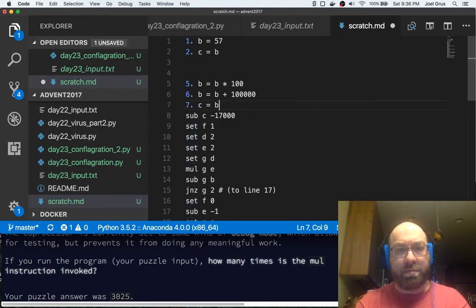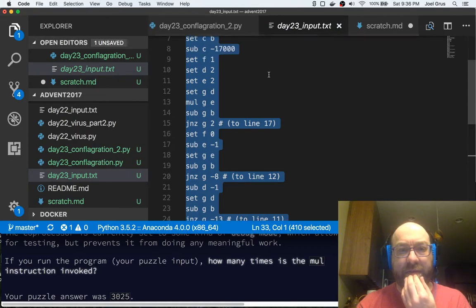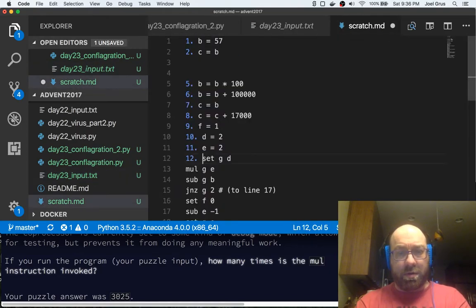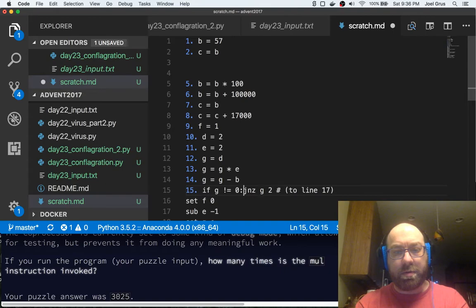C equals B. C equals C plus 17,000. F equals 1. D equals 2. E equals 2. Let me make sure that that's right. 11 equals 2. Yep. G equals D. G equals G times E. G equals G minus B. If G is not equal to 0, go to 17.